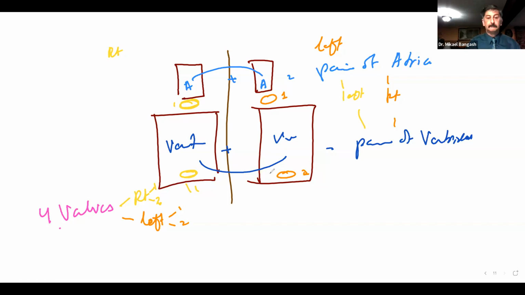Is that clear? If we just, for simplicity's sake, label them as 1 and 2, 1 and 2. Did that make sense? Yes.